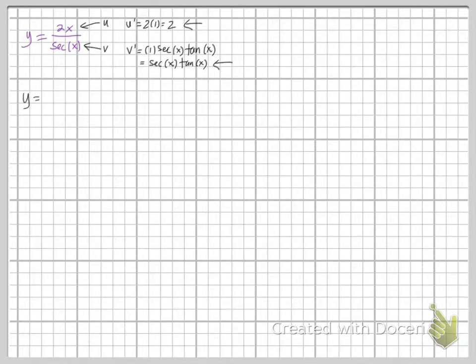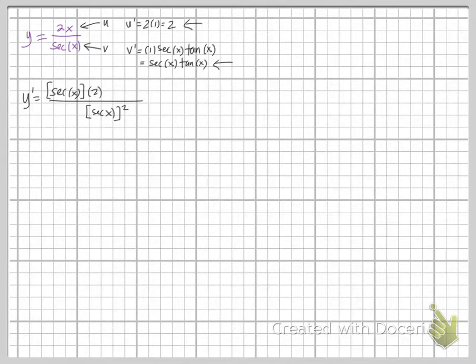So I'm just going to write everything in my quotient rule. My quotient rule says v squared, so it's going to be secant of x squared, and then write v, the denominator, secant of x, and then multiply this by the derivative of the numerator, which is 2.